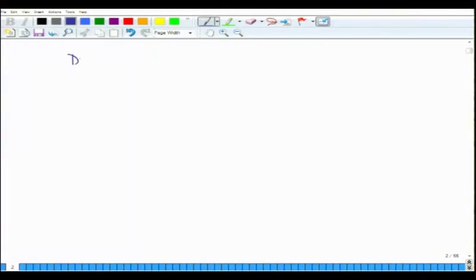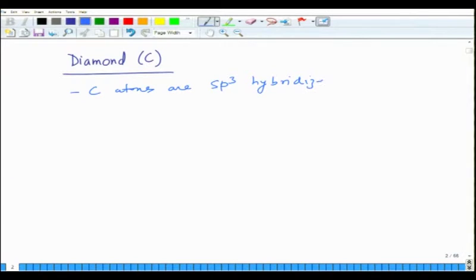The second form of carbon that we are going to talk about is diamond, which is again a form of carbon. In this case, carbon atoms are sp3 hybridized, and very strong directional, because the angle has to be maintained.